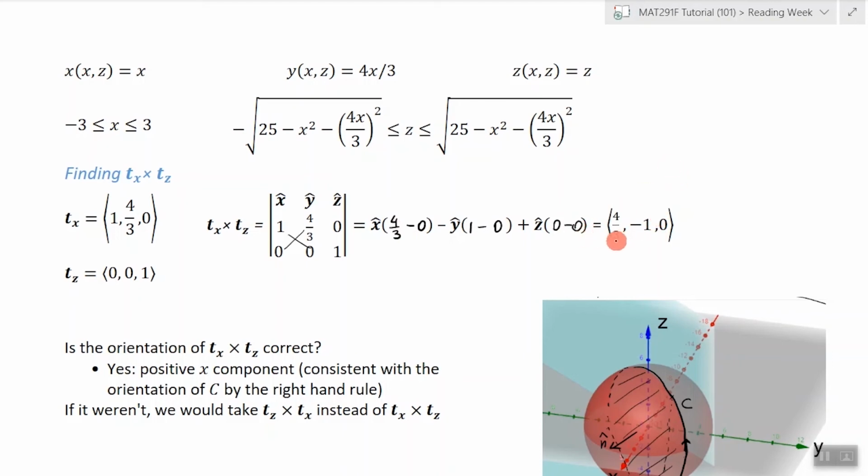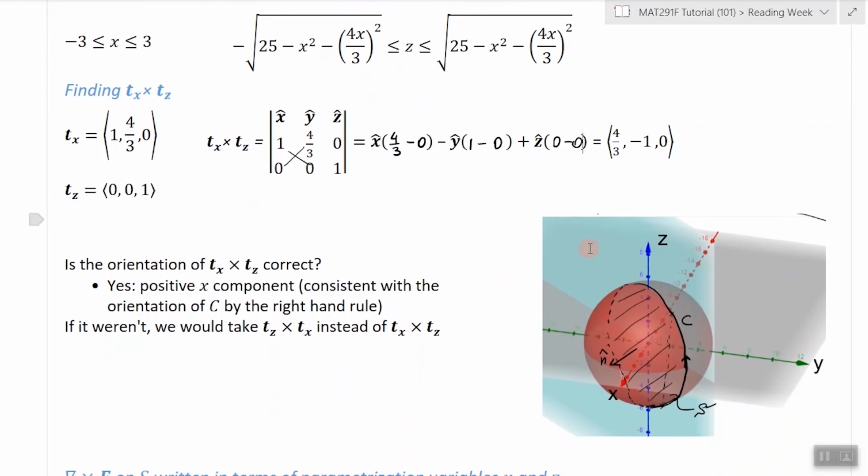Now you should always check, once you did this calculation, that the way the normal vector ends up oriented is what you want it to be. So in this case, Tx cross Tz, which is in the same direction as the normal vector to the surface, ends up in the direction of, it has a positive x component, so it's going to be oriented like shown in this picture, as opposed to being oriented this way, right?